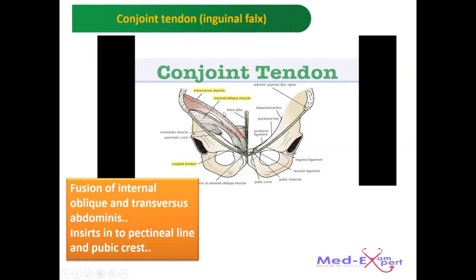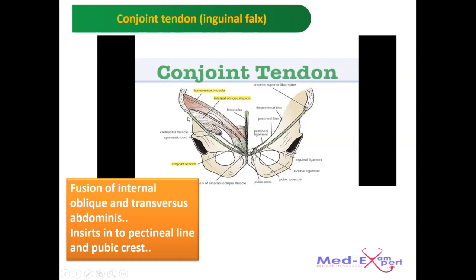Then they form shared fibers to be hooked up over the inguinal canal, relating superior to it, and again to be inserted here in the pubic tubercle to form what's called the conjoined tendon, okay? So again, the conjoined tendon is the fusion of the internal oblique and transversus abdominis, inserting to the pectineal line here and the pubic crest.